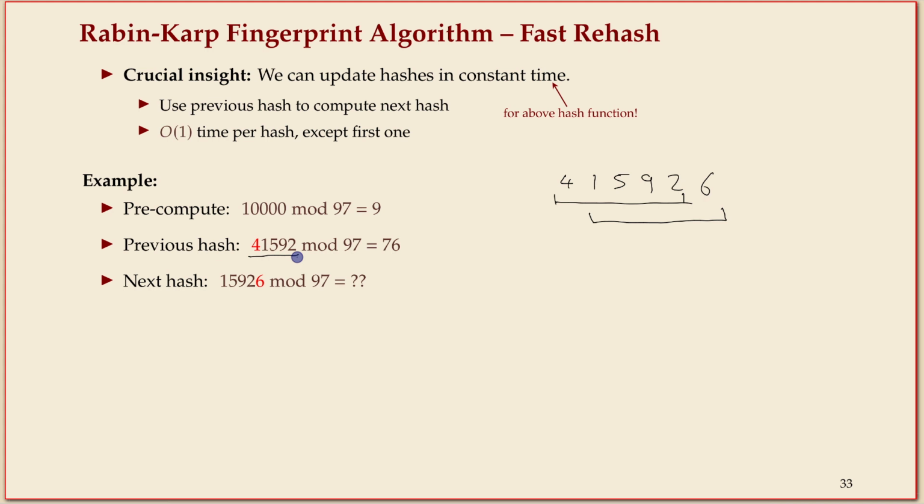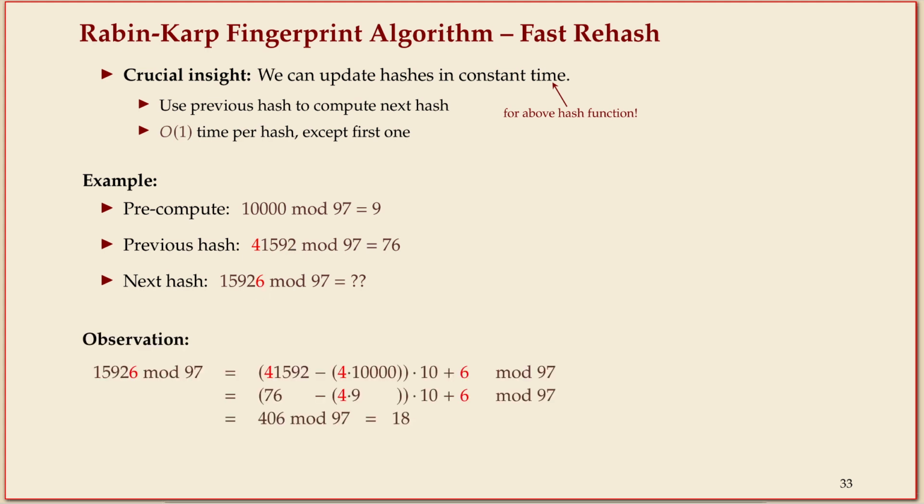So how do I get from 41,592 to 15,926? Well, I subtract 4 times 10,000, multiply the number by 10 to shift everything one position over, and add the 6. And the magic of modular arithmetic allows you to do all of those operations on the remainders with 97.